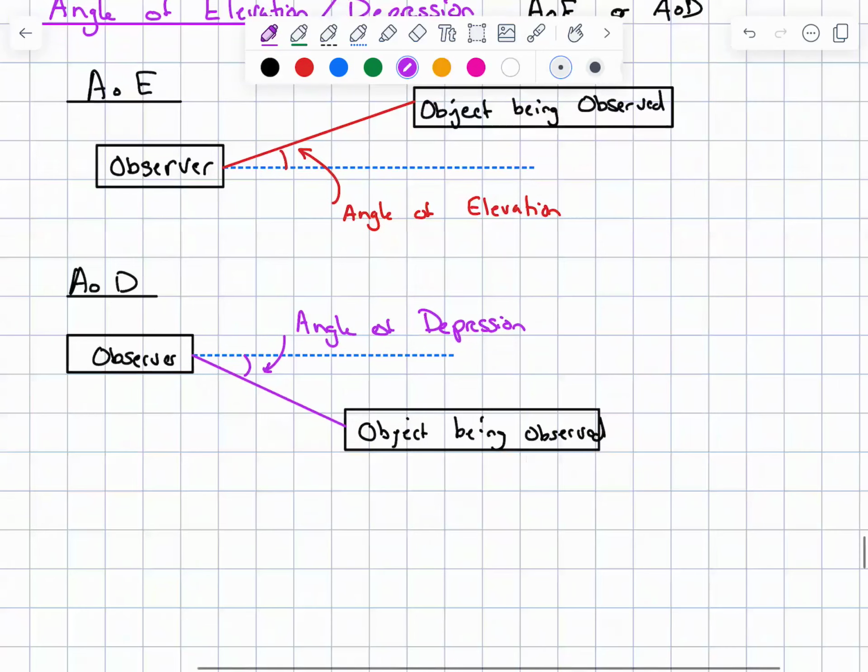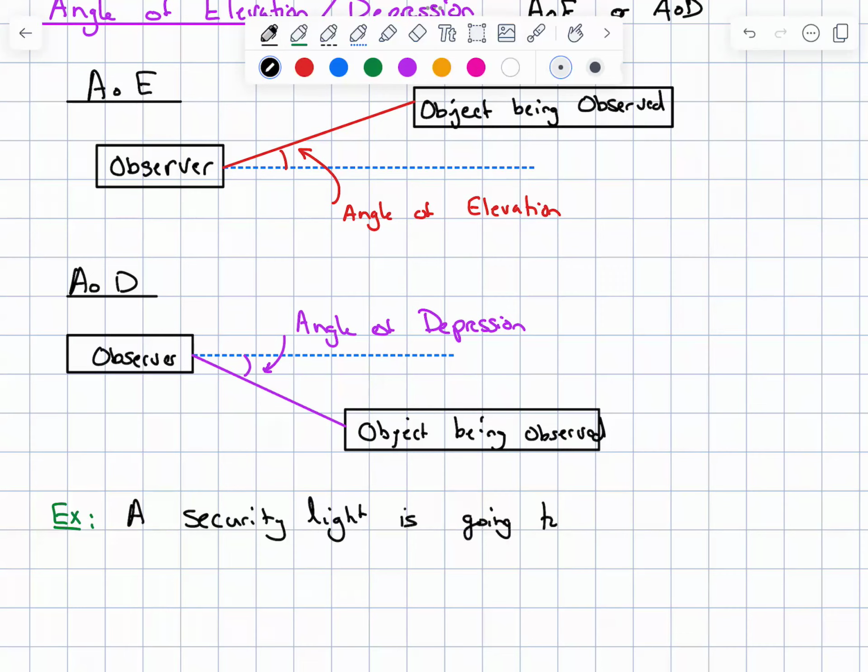So as an example of this, a security light is going to be mounted so that the angle of depression is 30 degrees.